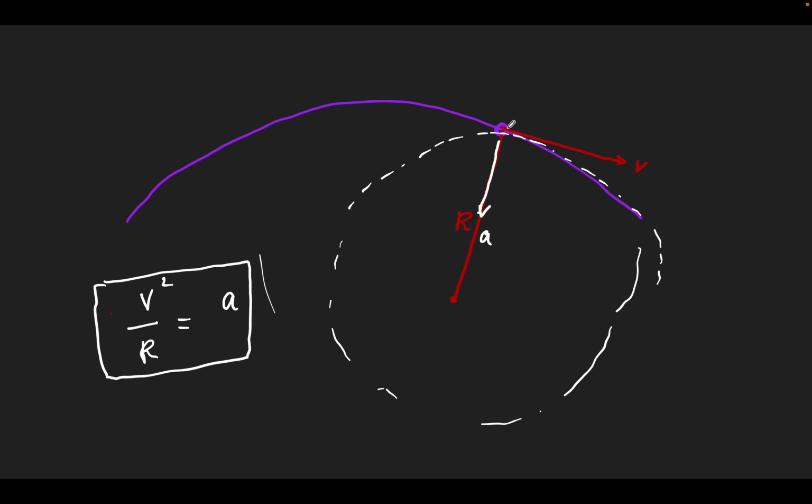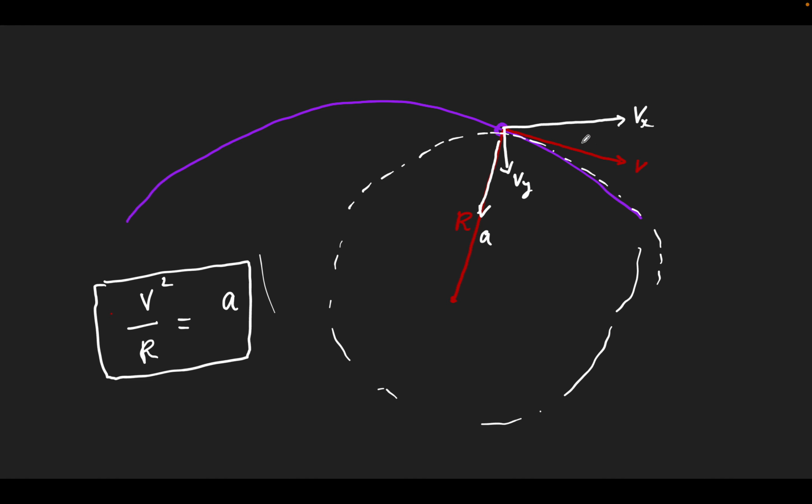Let me say at this point, the particle has a horizontal velocity vx, and a vertical velocity vy, isn't it? It's a two-dimensional thing, right?